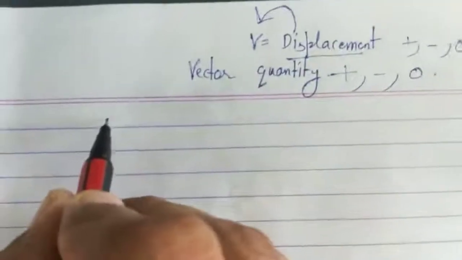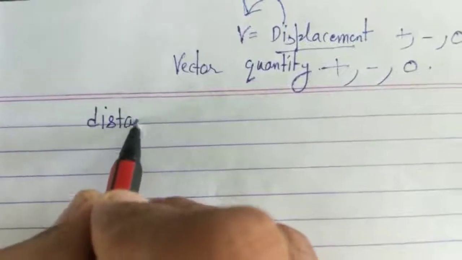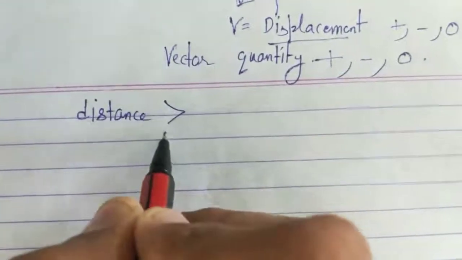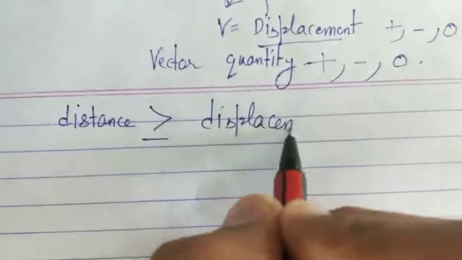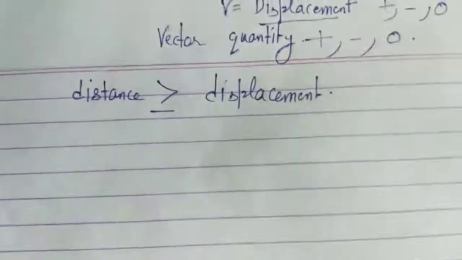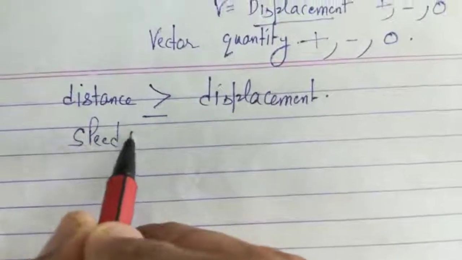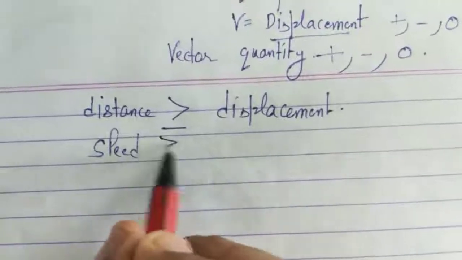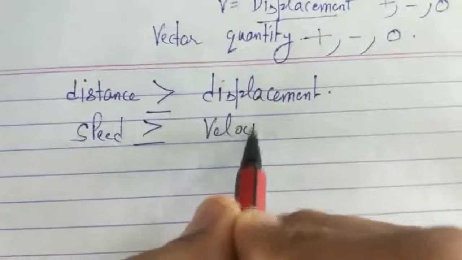Next concept is, you know that distance is either greater than or equal to displacement. This concept we have already discussed. So we can say that distance represents speed with respect to time, and speed is either greater than or equal to velocity.